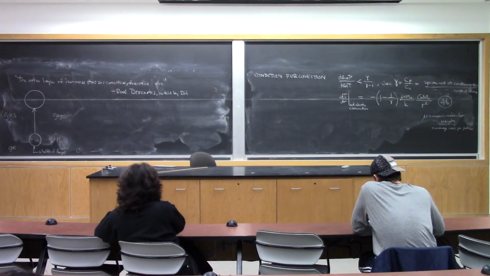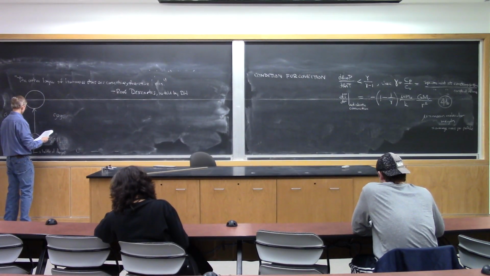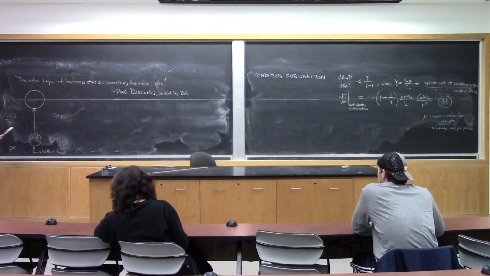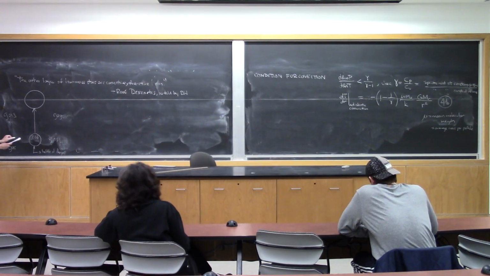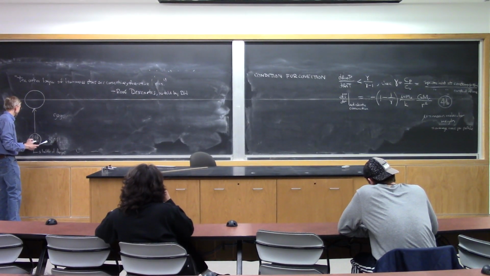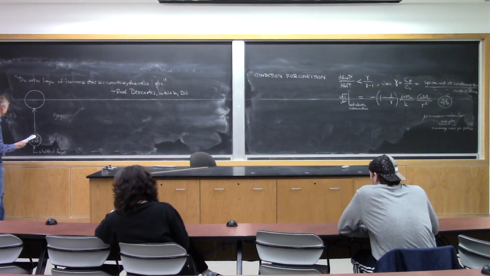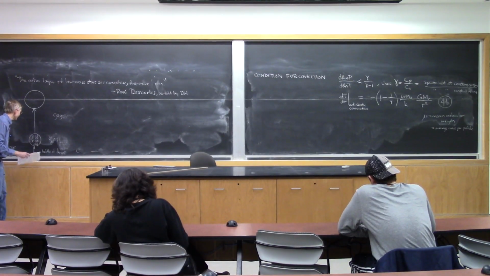So here's our bubble of the gas, and it has P sub I of the bubble, its initial pressure, T sub I of the bubble, its initial temperature, and rho sub I of the bubble, its initial density.